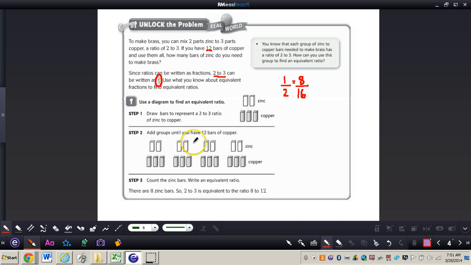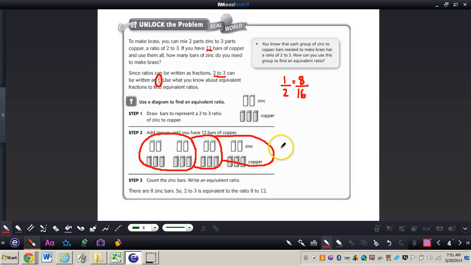Now we have 4 parts zinc, thinking of this whole entire group, 6 parts copper, 6 parts zinc, 9 parts copper, thinking of everything here, and finally 8 parts zinc, 12 parts copper.